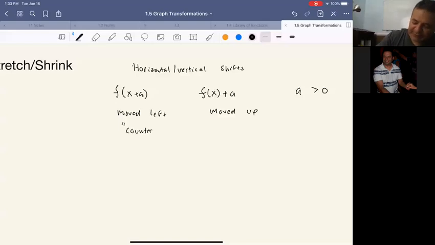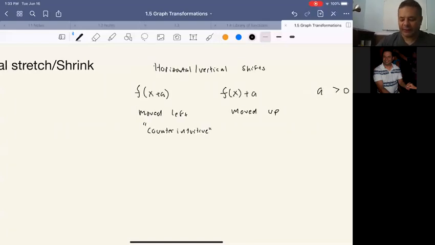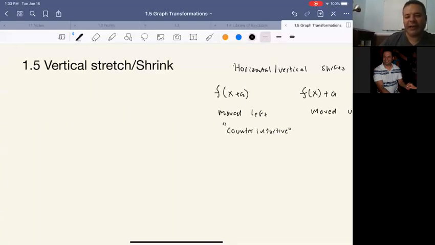Maybe it's not counterintuitive, but you need to think about it a little bit. So the same sort of thing is going to happen with stretch and shrink. So let's take a to be bigger than 1 first.